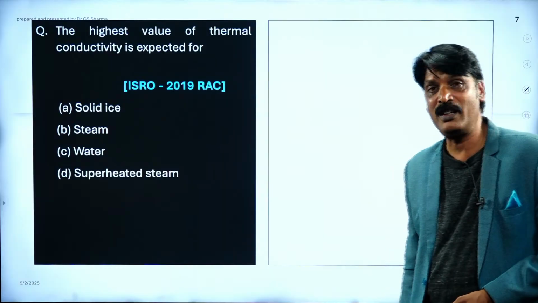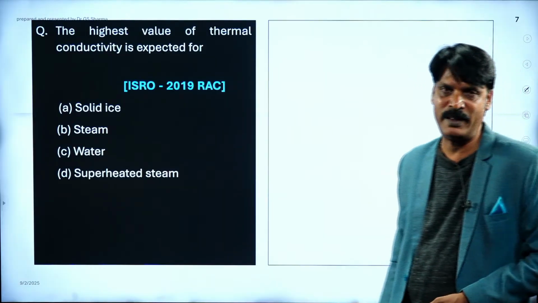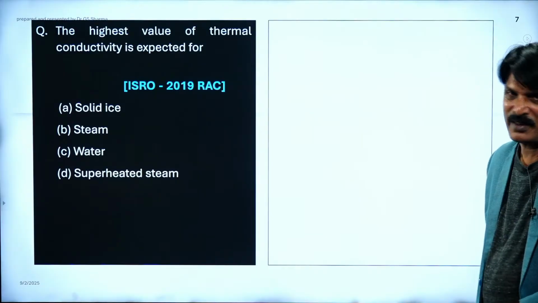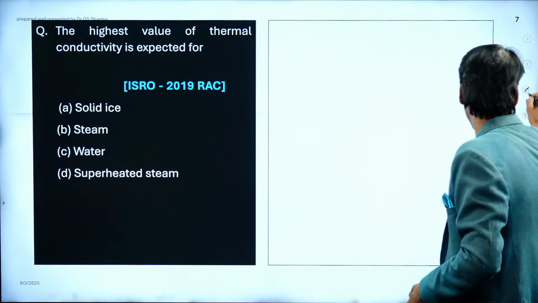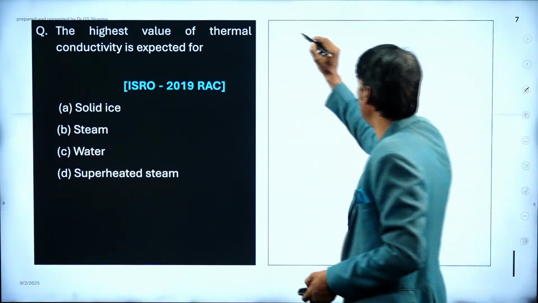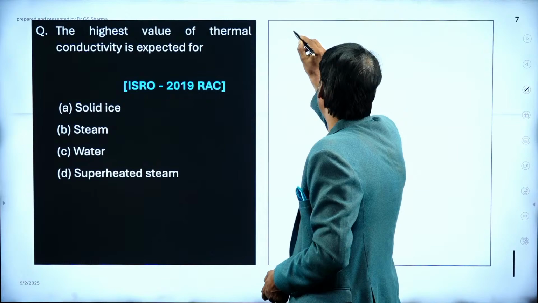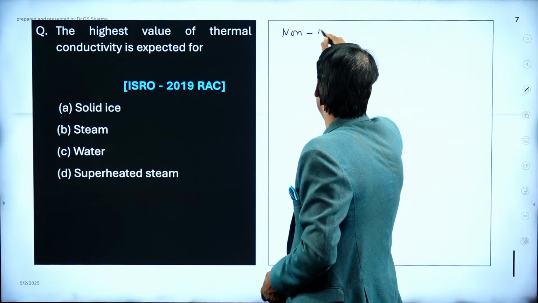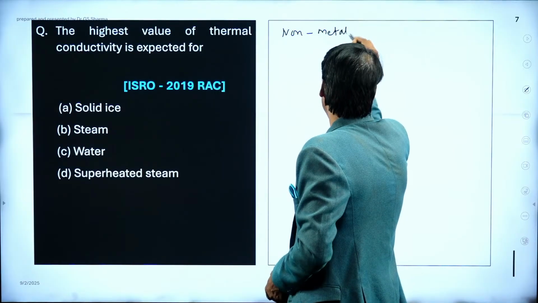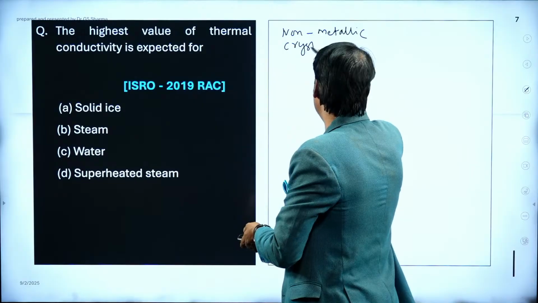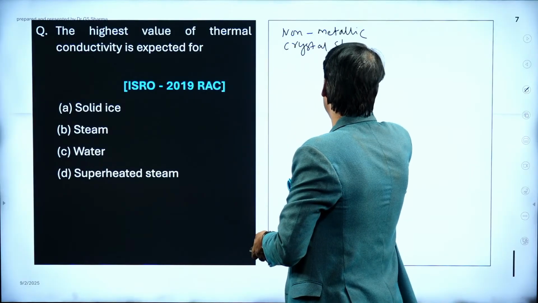These questions were really thought provoking. There were two particular questions they have been asking on the theory part. The highest value of thermal conductivity is expected for, whenever you talk about variable thermal conductivities, if you are observing the theory, non-metallic crystal structures.